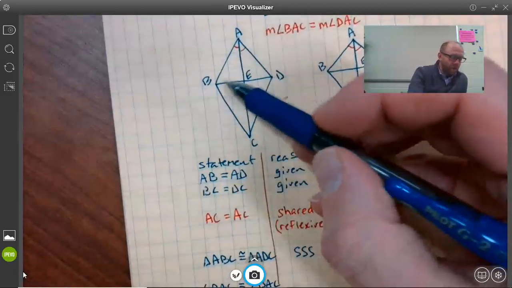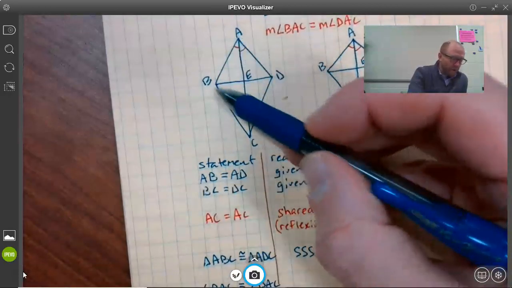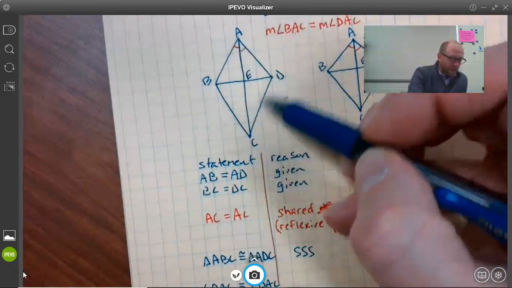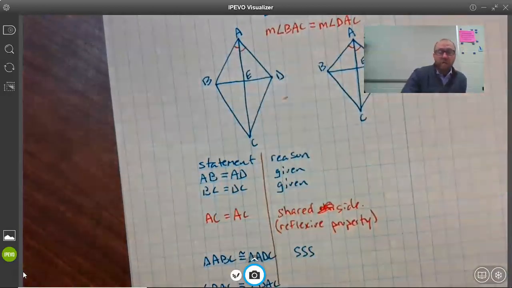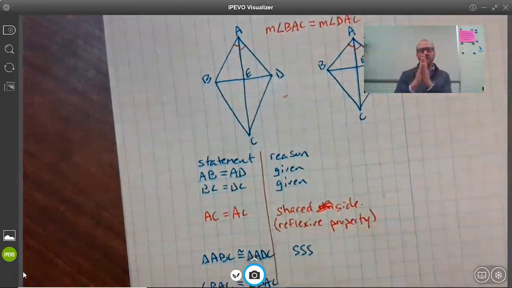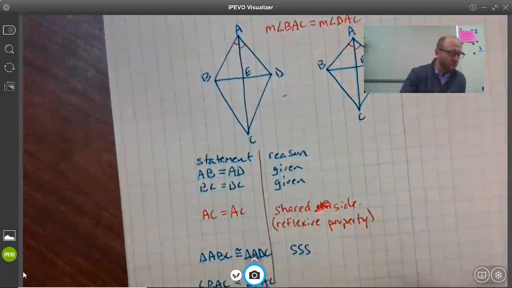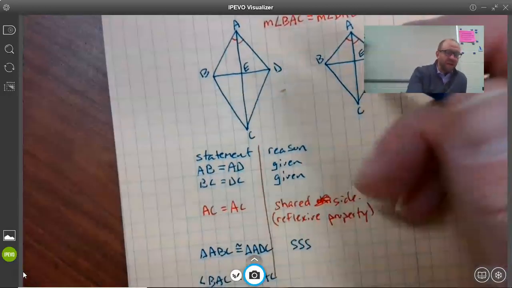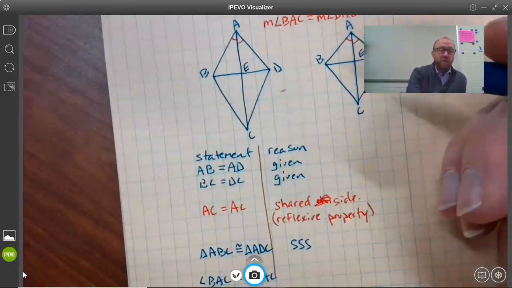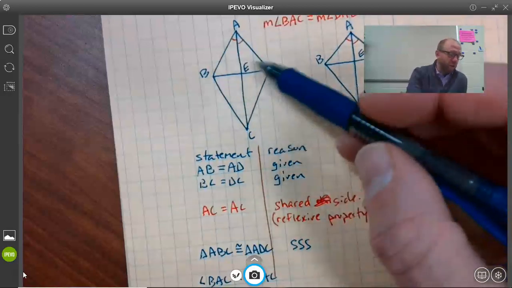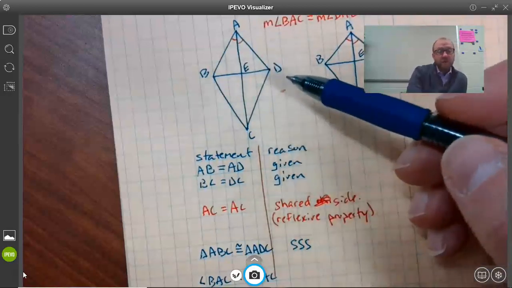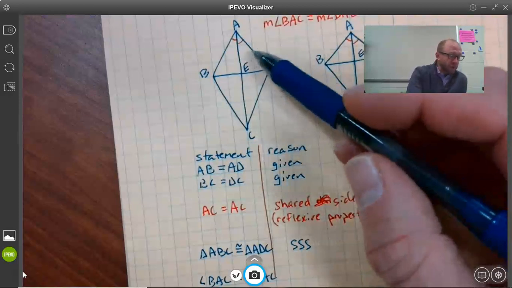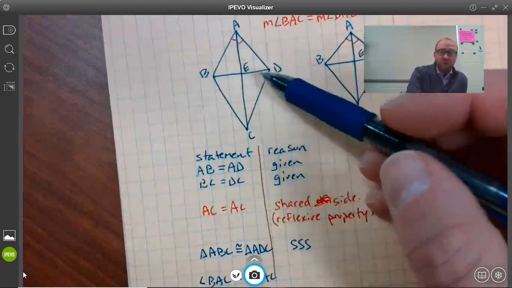Okay. So if these two triangles, ABC and ADC, are congruent, and they kind of are, you can see they're reflections of each other, it folds over, then individual parts of those triangles must also be congruent. And of course, we already know that the sides are congruent because that was given information. But here our conclusion is about these two angles.